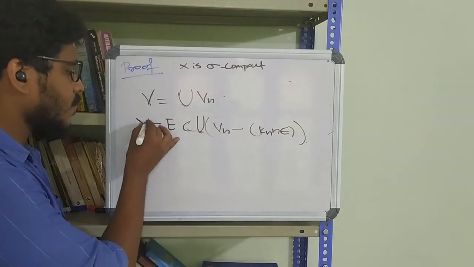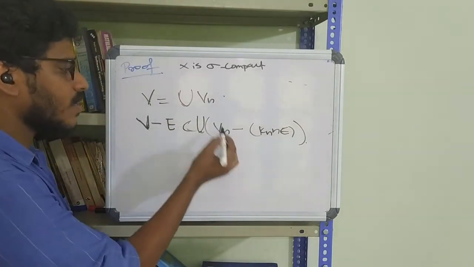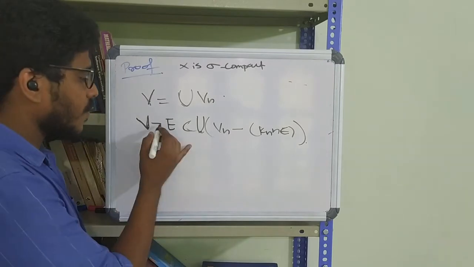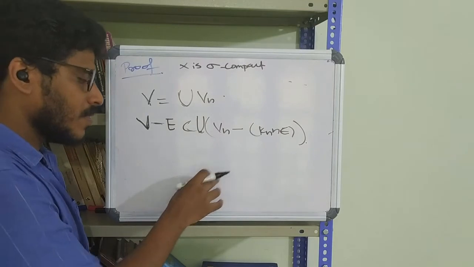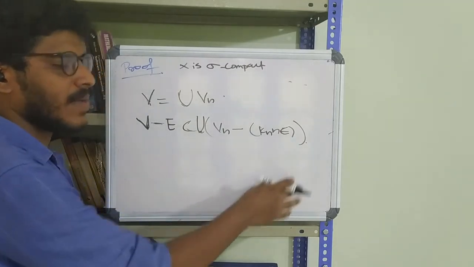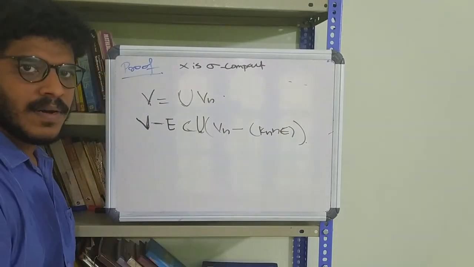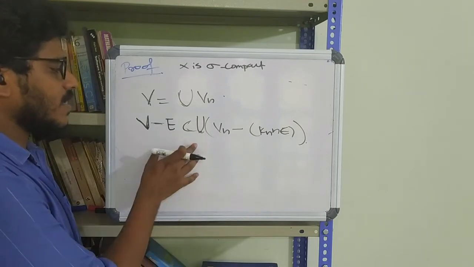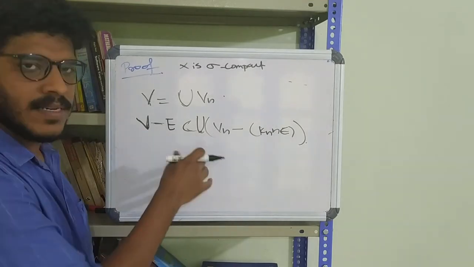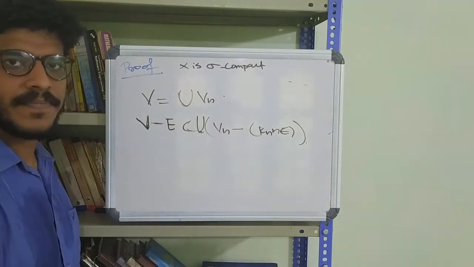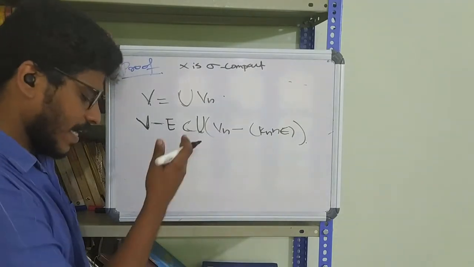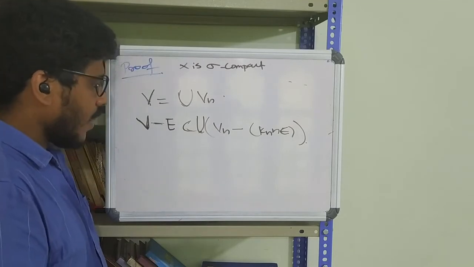V is the union of all these Vn's, so V minus E has to be somewhere inside the union of all Vn minus Kn intersection E's. For a better visualization, you may use a Venn diagram with 2 or 3 sets, or n equal to 1, 2, 3, which can easily be visualized.